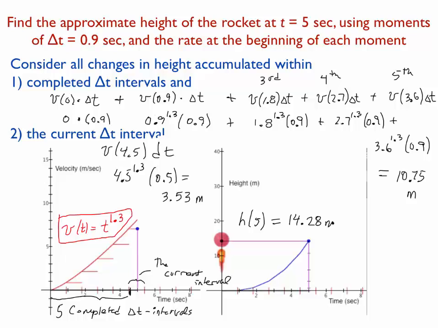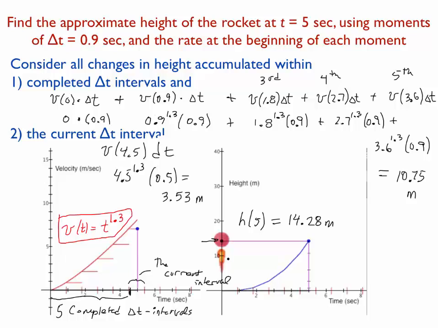Okay, looking at the picture here, that looks right, a little shy of 15. Right, because this is our accumulation graph of height, and our dependent variable is height in meters. And that's what we're calculating at 5 seconds.